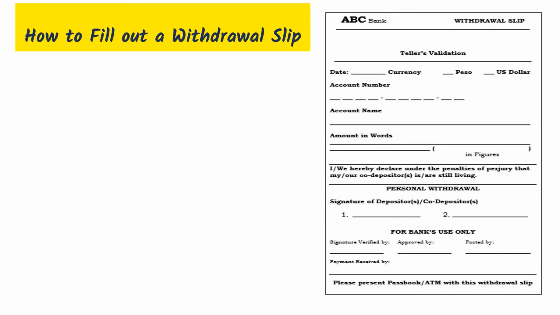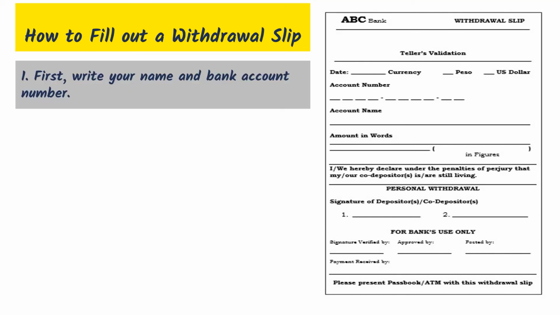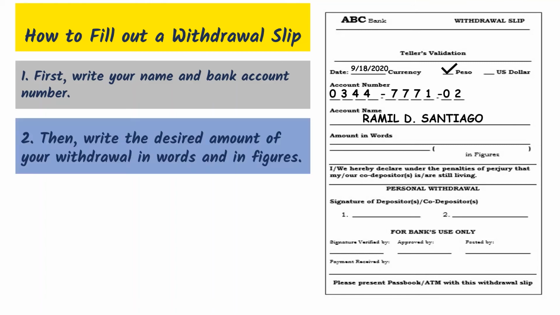This is how you're going to fill out a withdrawal slip. First, write your name and the bank account number. Also, write the other information needed such as the date, currency.